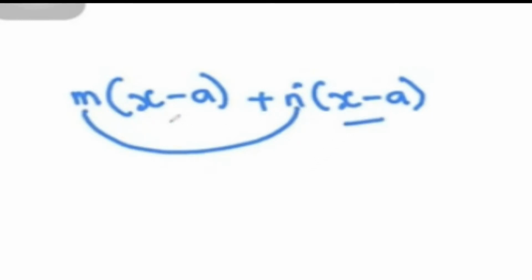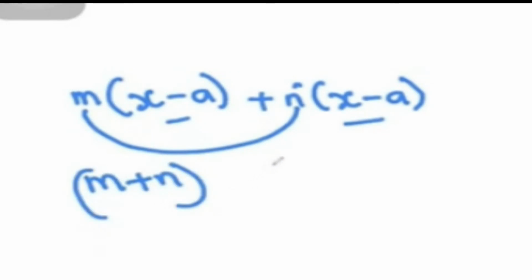And pick any of those inside the bracket and you group them. So you're going to get m plus n in one bracket, then you get x minus a. That is excellent. Are we okay?